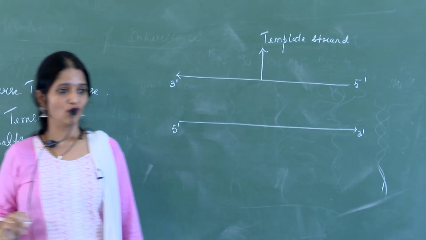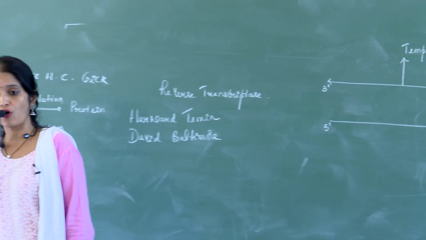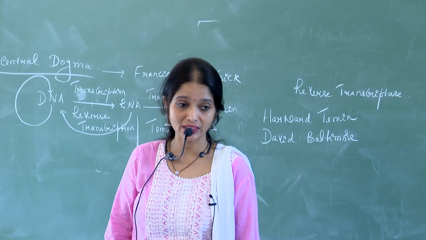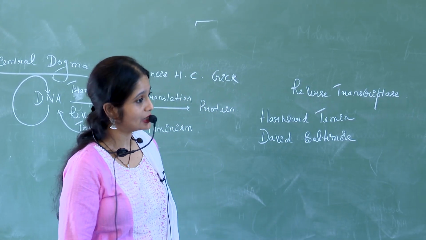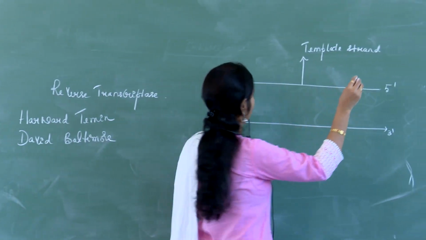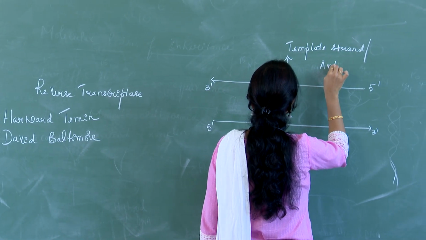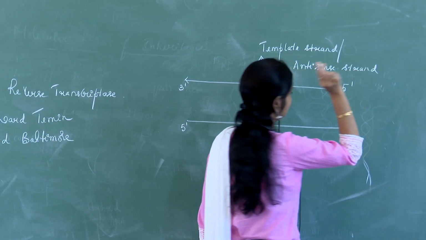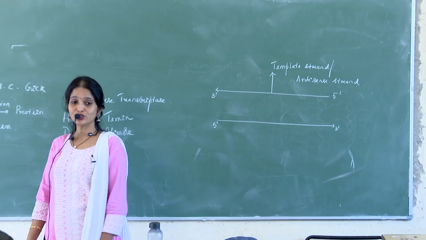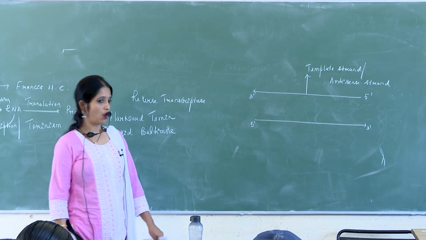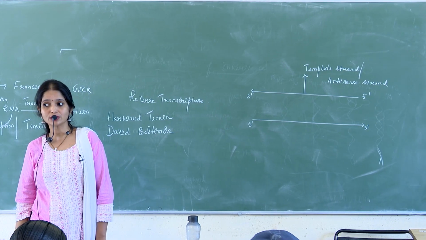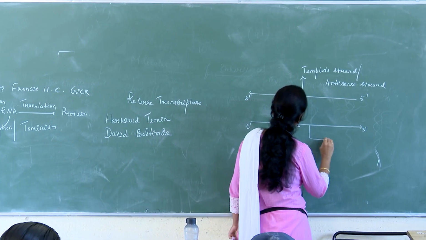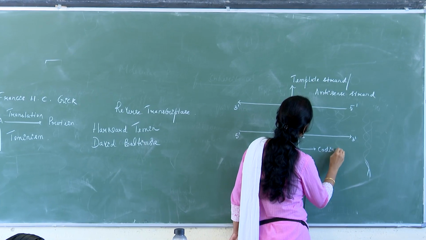The strand that is involved in the synthesis of RNA, this strand is called the template strand, or it can also be called the antisense strand, right? And the other strand, the opposite strand, which is not involved, is known as the coding strand or the sense strand.